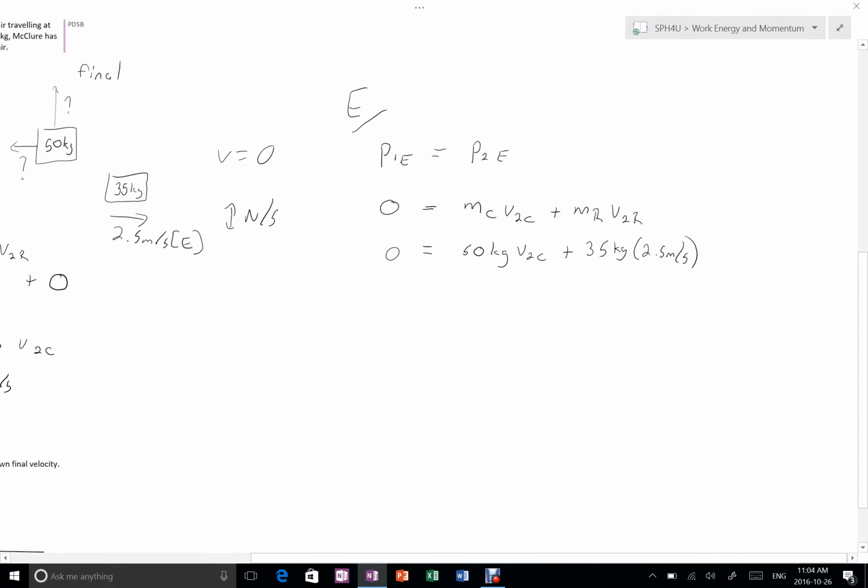So 0 is equal to 50 kilograms V2C, plus 87.5 kilogram meters per second. Now I'm going to move the 87.5 over to the other side, dividing both sides by 50 kilograms.